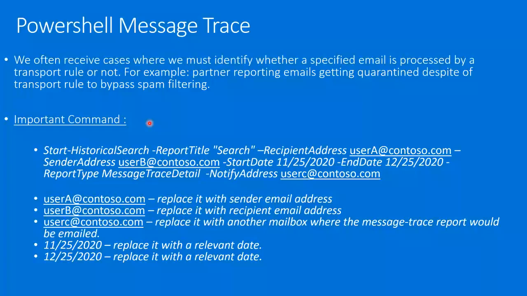It's not an instant report that you'll get as soon as you initiate this cmdlet or use the portal. It will take some time to generate the report, and it will be sent to the respective recipient if you have specified an address in the notify address field on the portal. If you go back to the same trace that you initiated, it will give you an option to download the specific report.